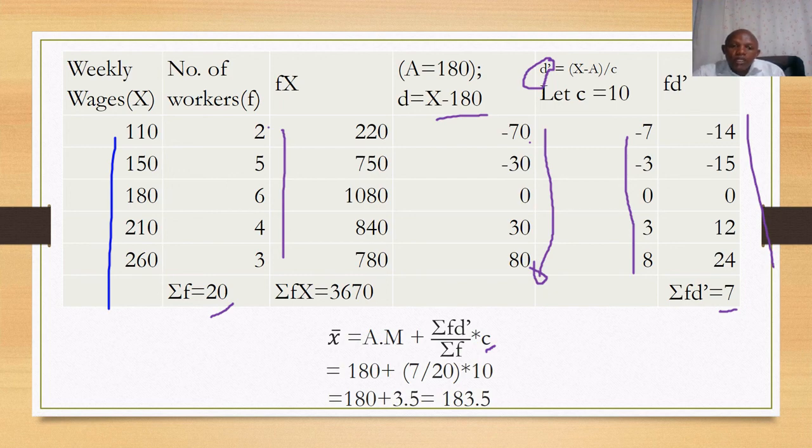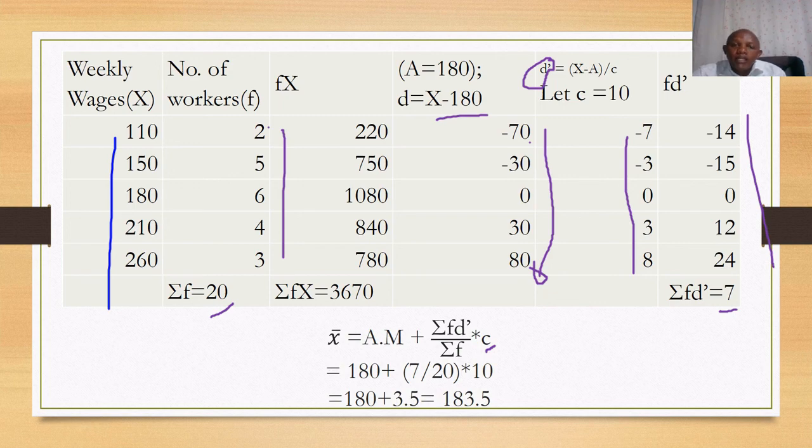Now what was the formula? The formula was the assumed mean plus the product of the deviation from the assumed mean and its corresponding frequency, divided by n, and then you multiply by that constant. Why are we multiplying by c? It's because, remember, we divided by 10 to make the data simple.